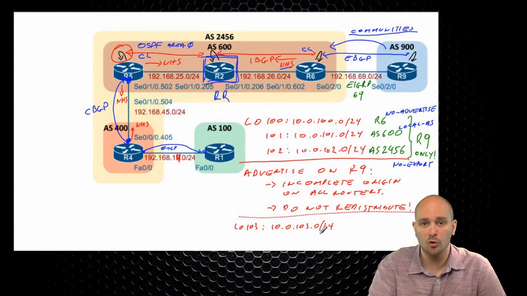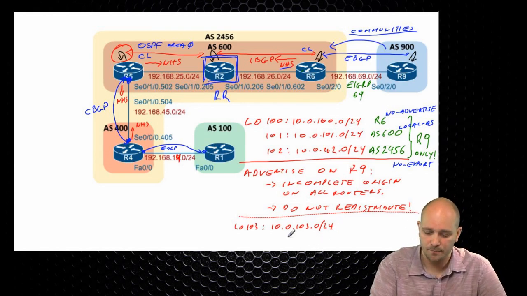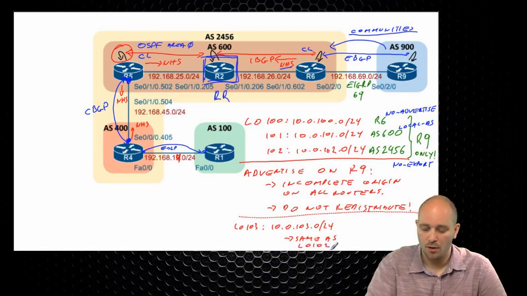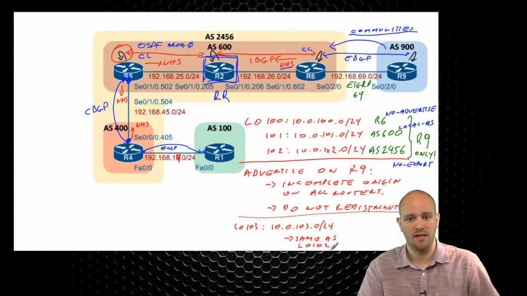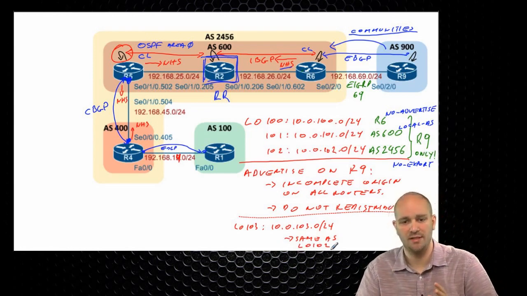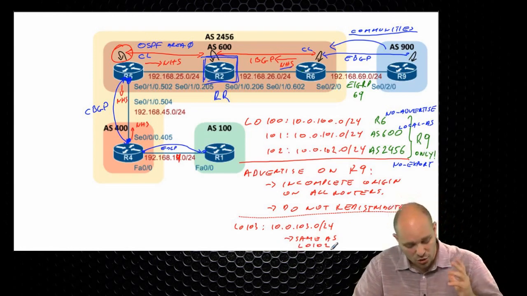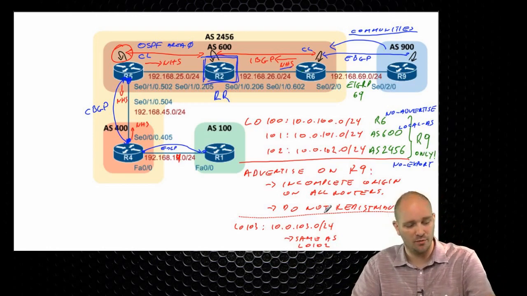Now I want this loopback interface to have the same behavior as loopback 102. So I want to have the no export community set, and I want it to be advertised there.